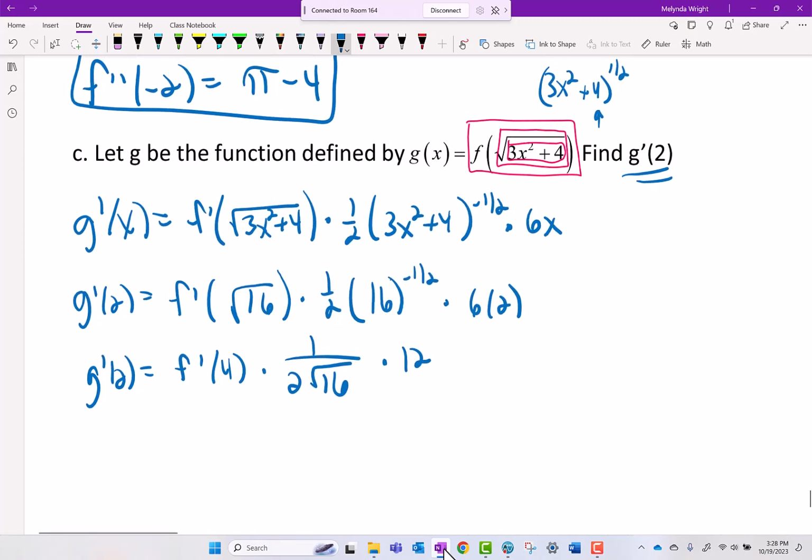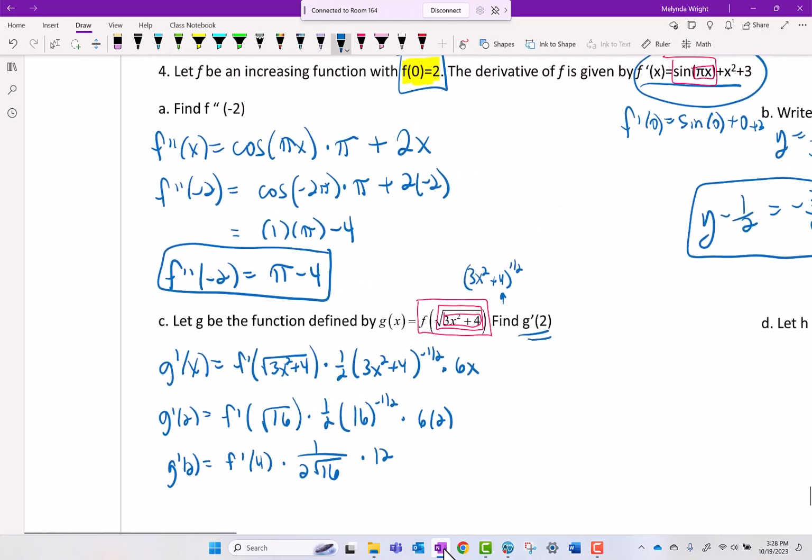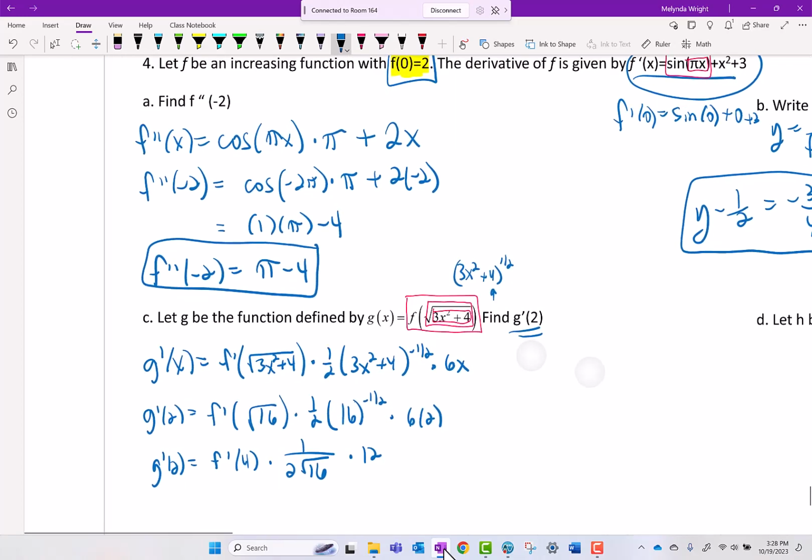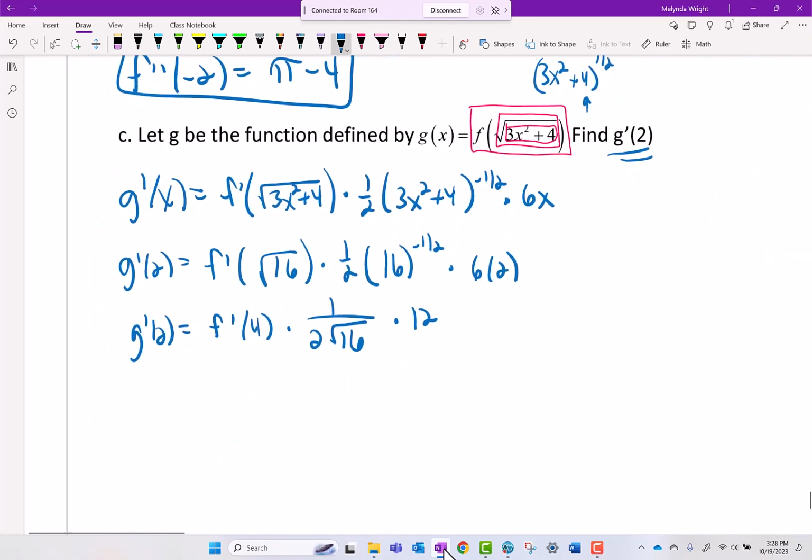Oh, that's the function up there. I have it written on my paper, so I'll just go off what I wrote. So f prime is sine of 4 pi, I'm just plugging a 4 in the formula, plus 4 squared plus 3.